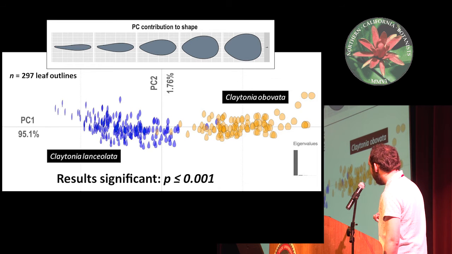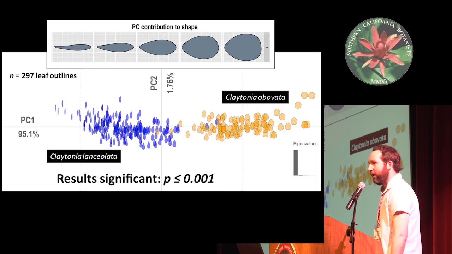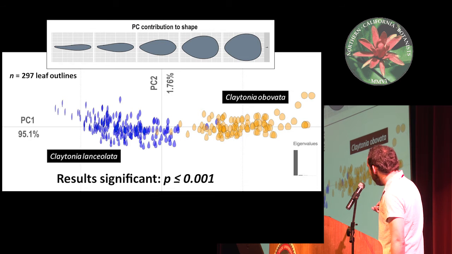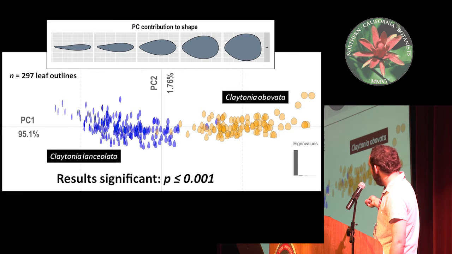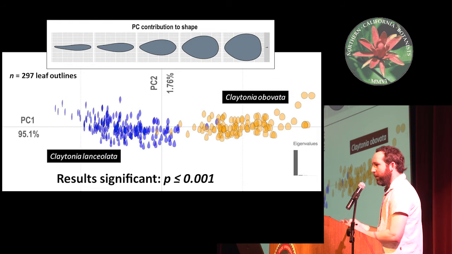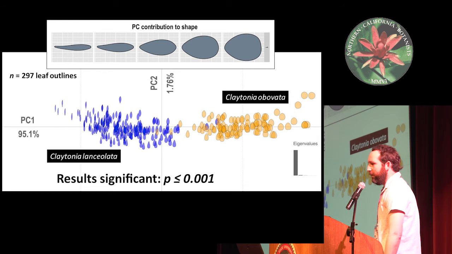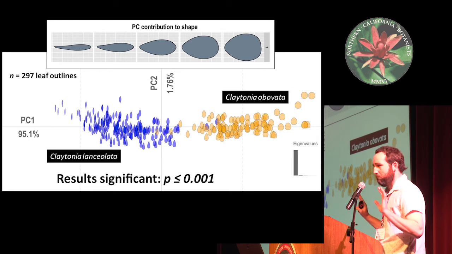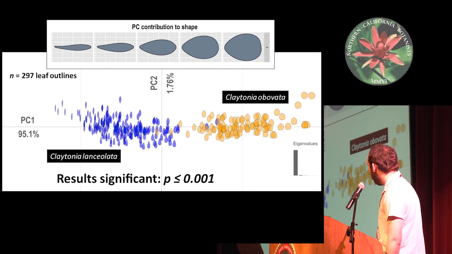So I got data for the lower elevation obovata there, but didn't get any data for lanceolata. And if you can't tell from here, there's a clear distinction between the two species. There's some variation in the leaf shape of lanceolata and obovata that drifts into the morphospace of the other species, but essentially they're categorically different with strong statistical significance.